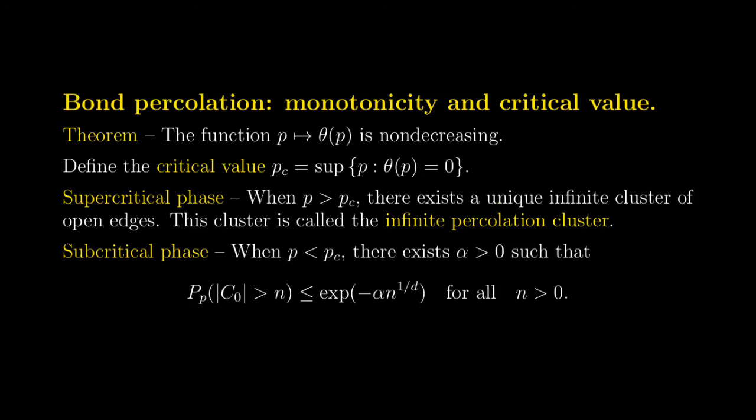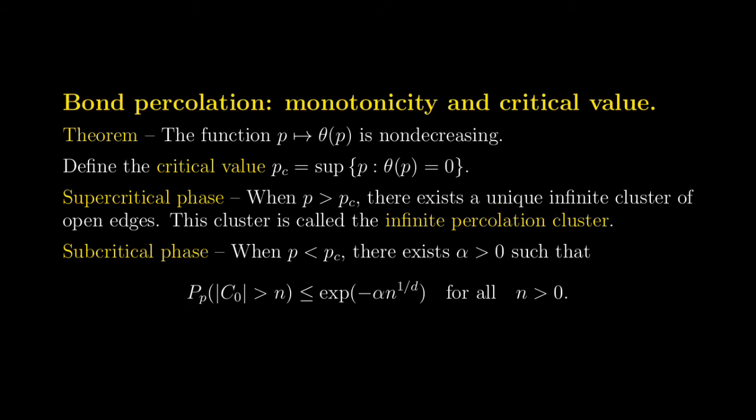It says that there can be only one infinite connected component of open edges. So in this supercritical phase, we have this result, which we are going to use afterwards to prove that the critical value p_c is equal to 1/2, that says there is existence and uniqueness of an infinite cluster of open edges, and this cluster is called the infinite percolation cluster.